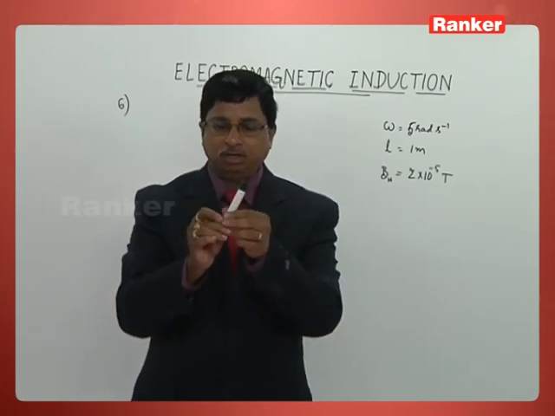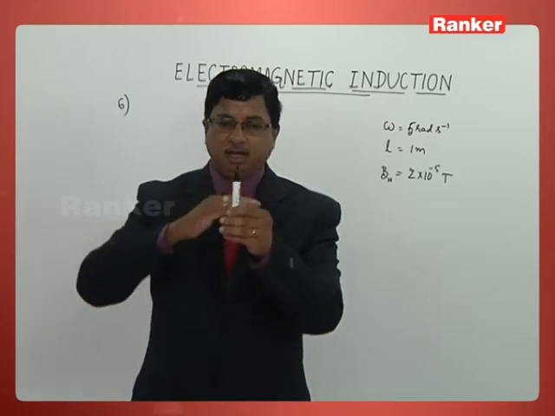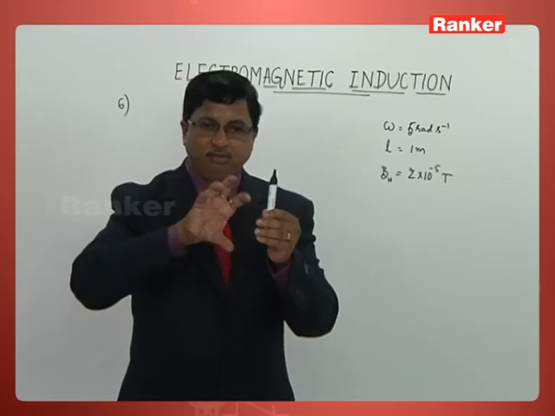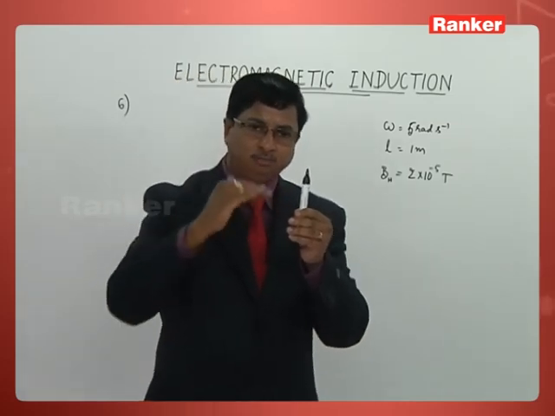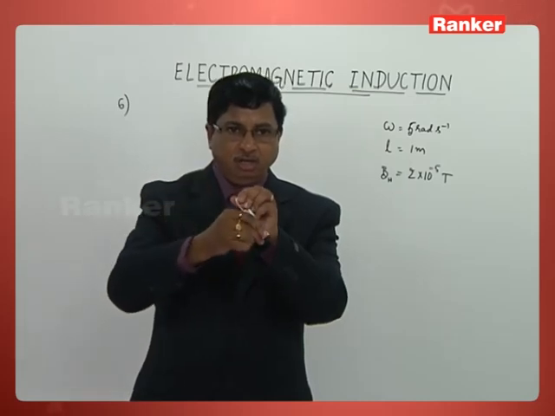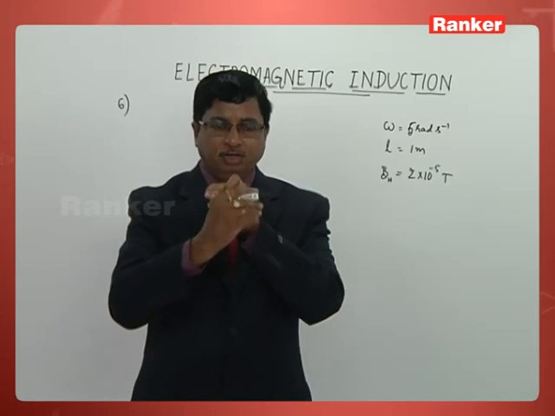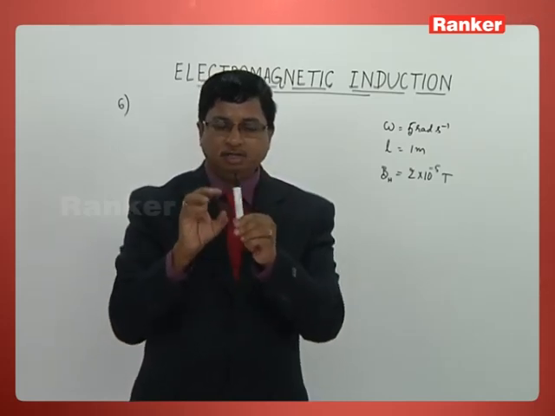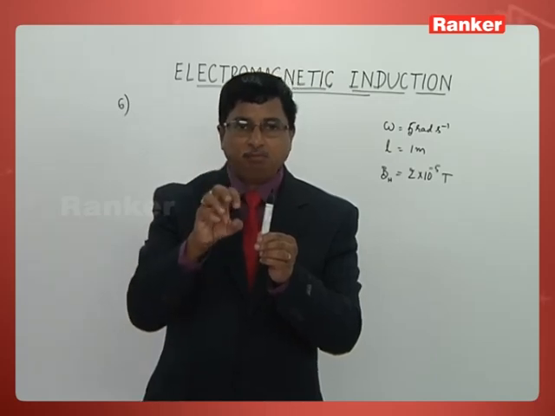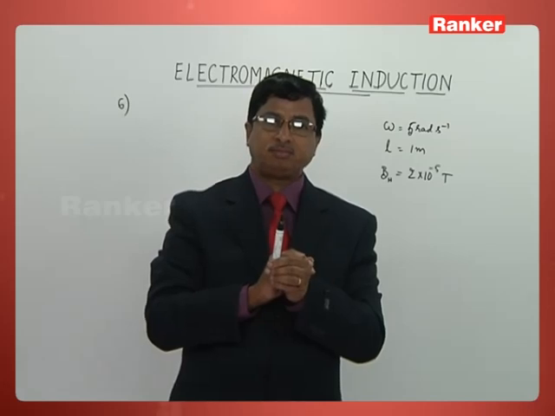Then think it over. When it is rotating like this, the horizontal magnetic field of Earth is there. The lines of force are going to be in this direction. Then this particular rod cuts those lines of force. In the sense, what happens? There is a possibility of having a rate of change of magnetic flux.